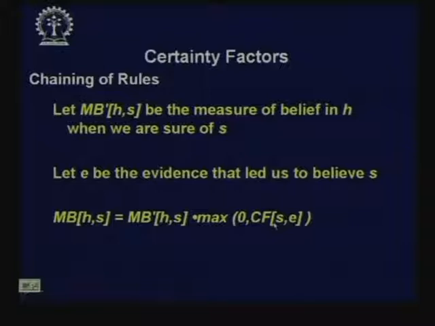If S is known to be false for sure, then this will be 0. Otherwise, whatever is the certainty factor here, that factor will multiply MB prime to give me the measure of belief in S. So, we stop at this point today.